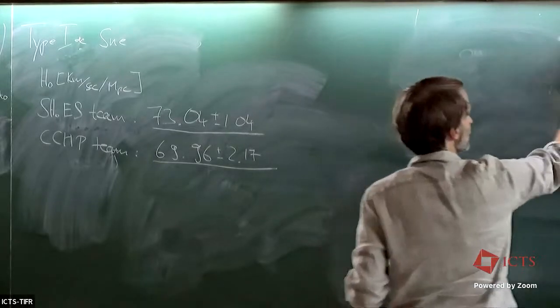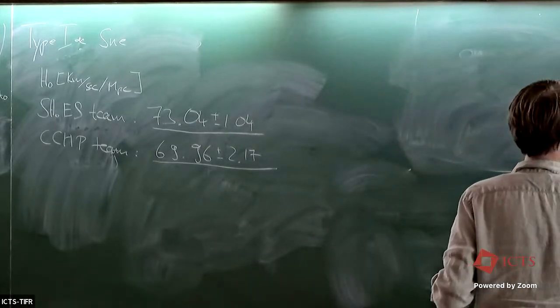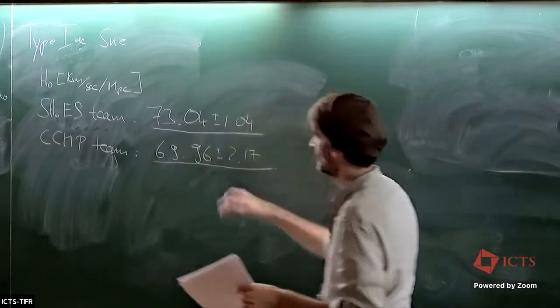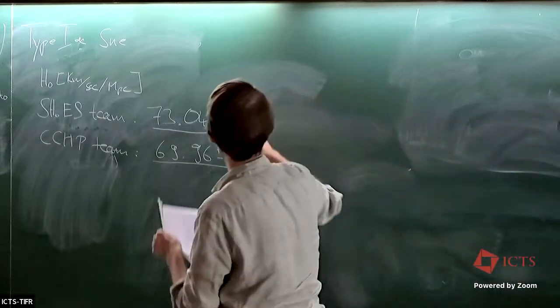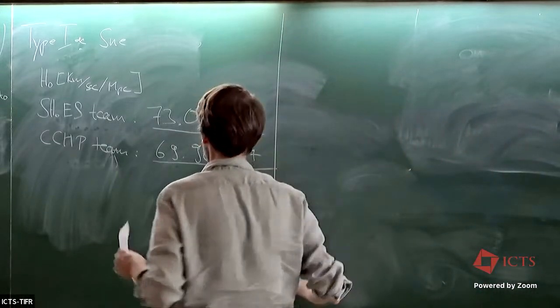I'm hopeful that in maybe a couple of years we know more. But I said that already 5 years ago, so that has to be taken with a grain of salt. So that situation is now going on for almost 10 years, that there are these two measurements that don't quite agree.